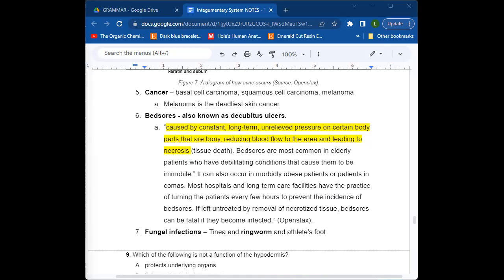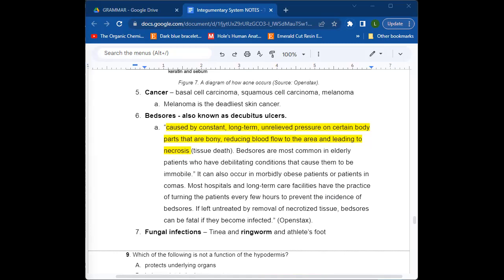So that could be, for example, people that are morbidly obese, because they're maybe 500, 600 pounds. Yeah, they're going to have difficulty moving on their own. Or perhaps people that are in comas, people that are paralyzed.